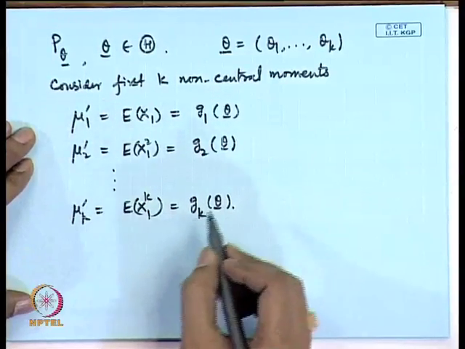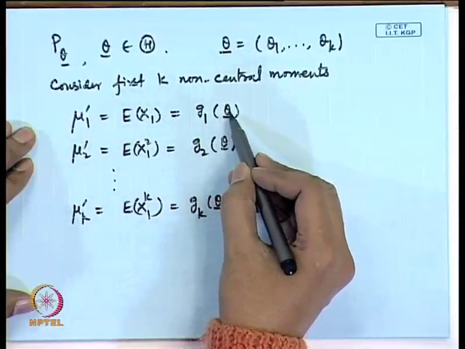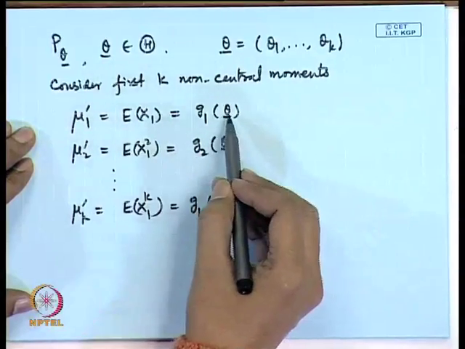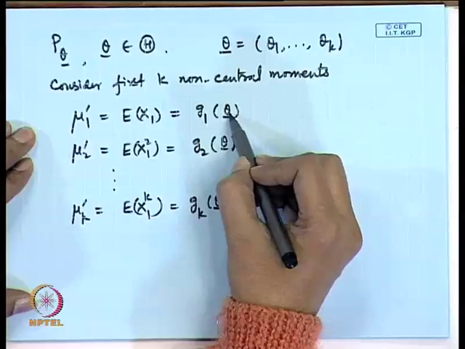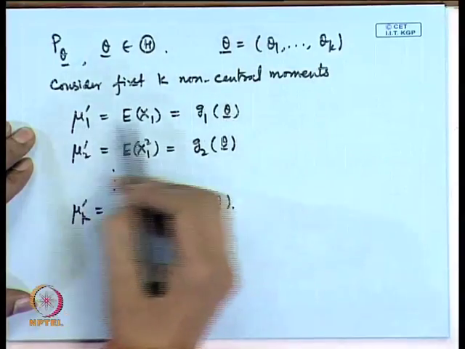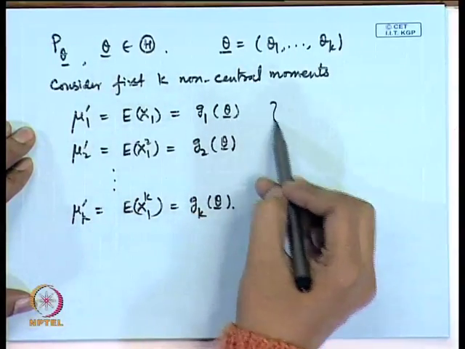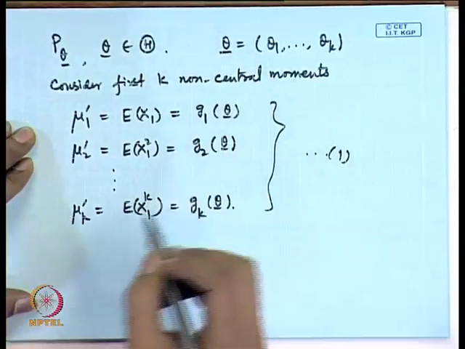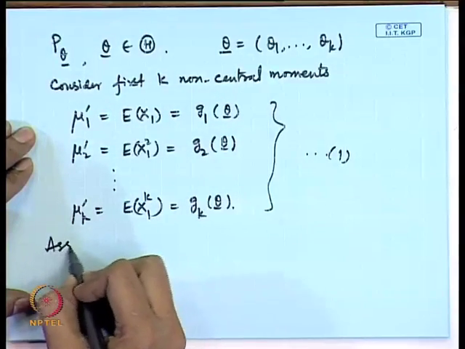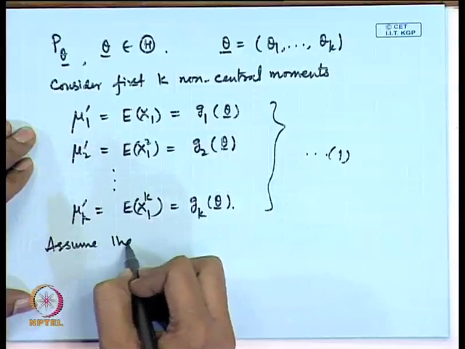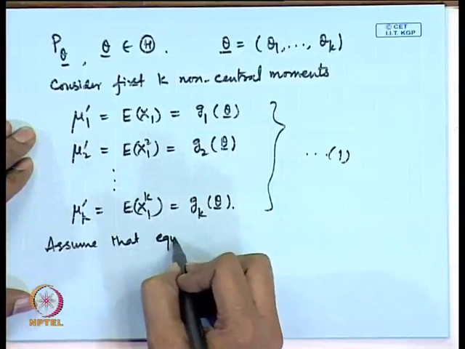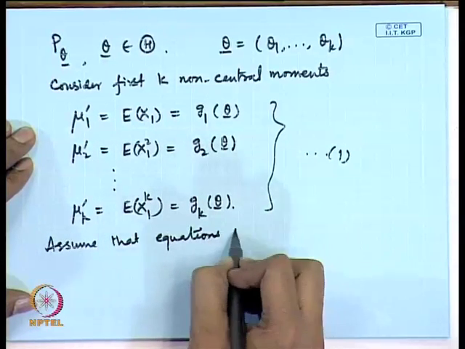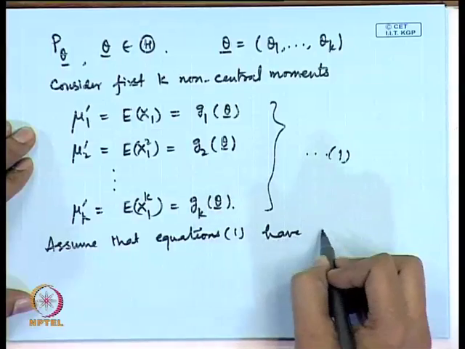Now, each of these is a function of theta 1, theta 2, ..., theta k. So, we assume that these k equations, equations 1, have solutions.